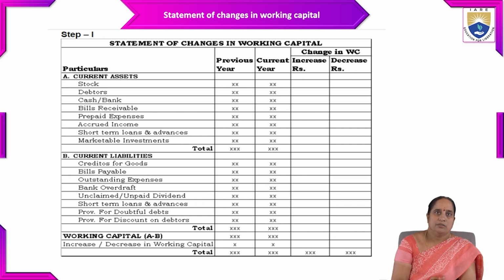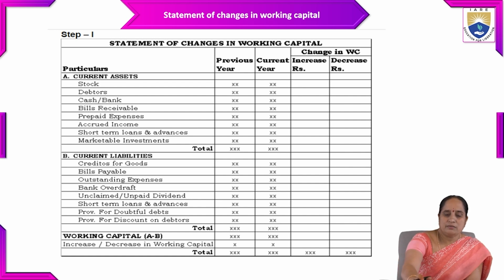Here we consider creditors for goods, bills payable, outstanding expenses, bank overdraft, unclaimed or unpaid dividend, short-term loans and advances, provision for doubtful debts, and provision for discount on debtors. These things come under current liabilities.